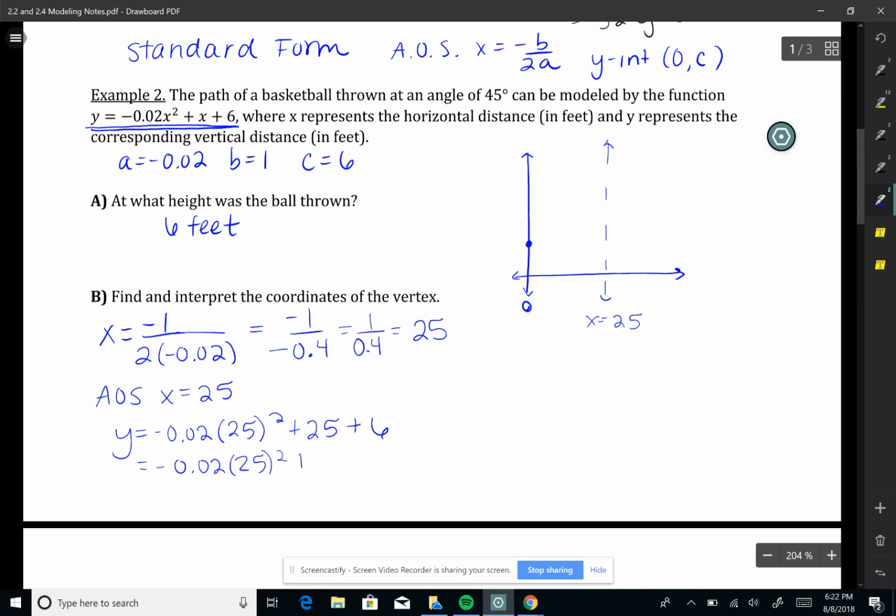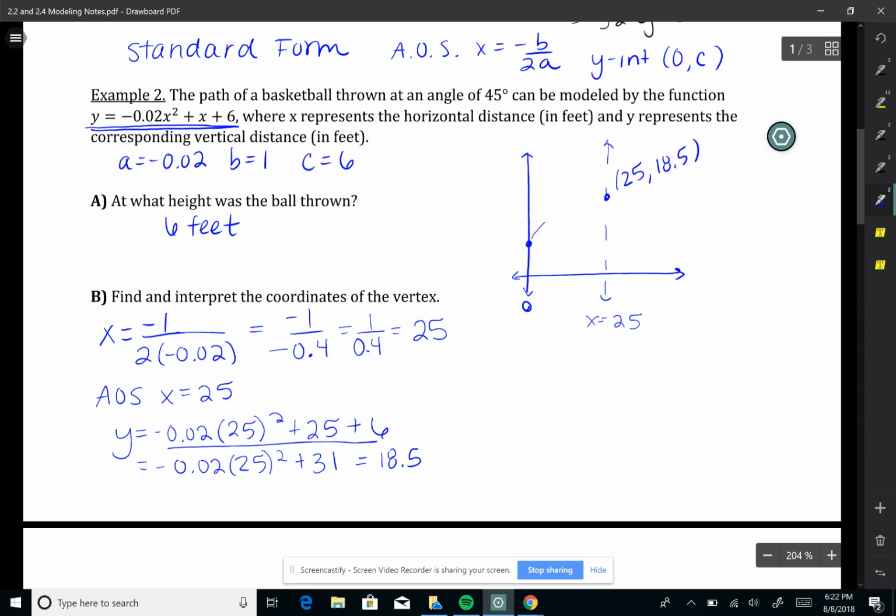But you can really just plug it in as this whole sentence if you use parentheses and squared and everything correctly. And what you should get out is 18.5. Okay, so that means that my vertex is at the point 25, 18.5.